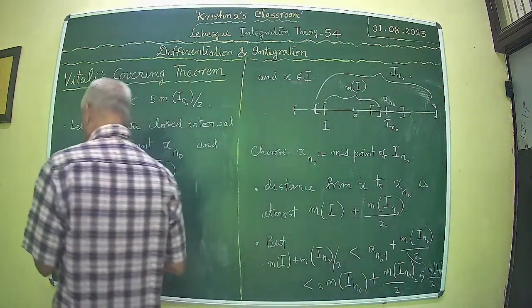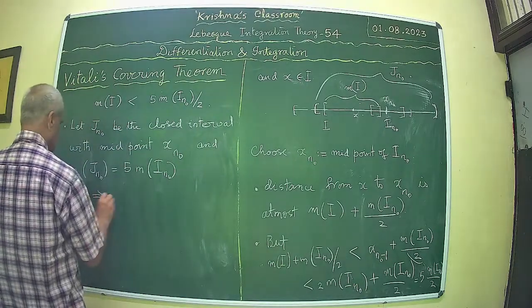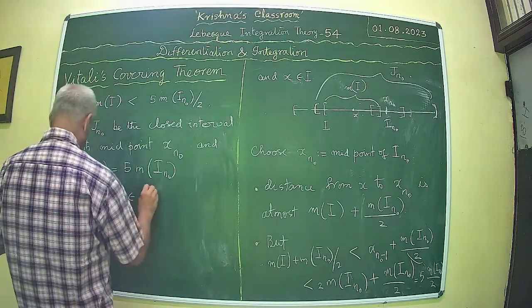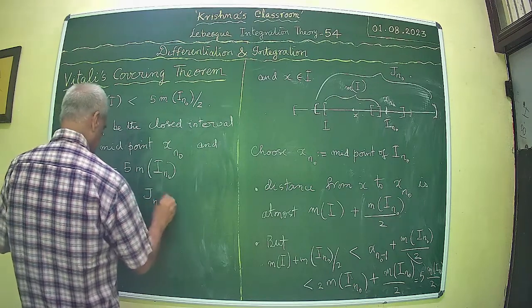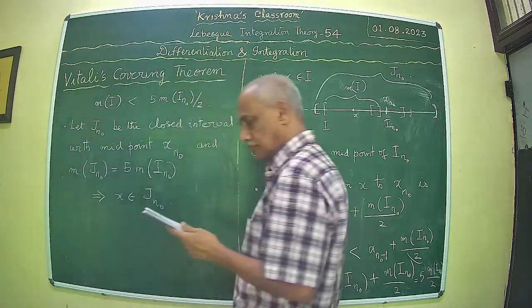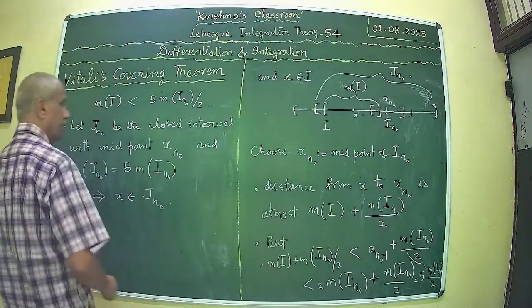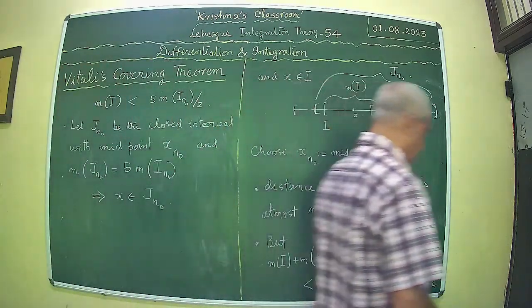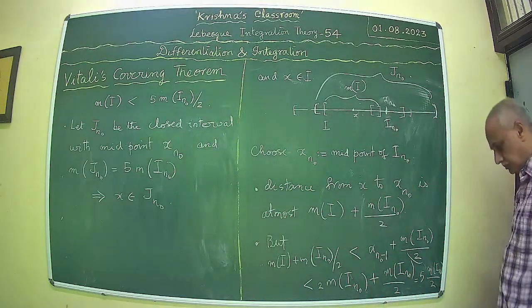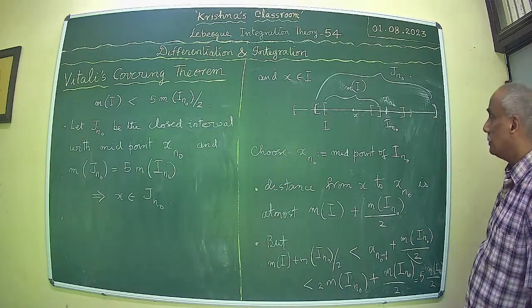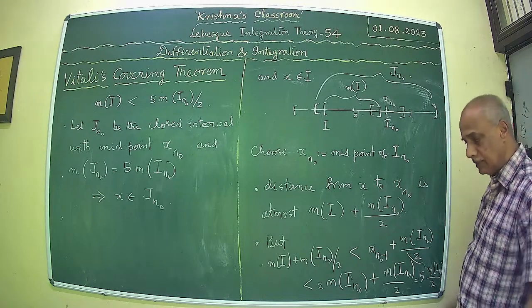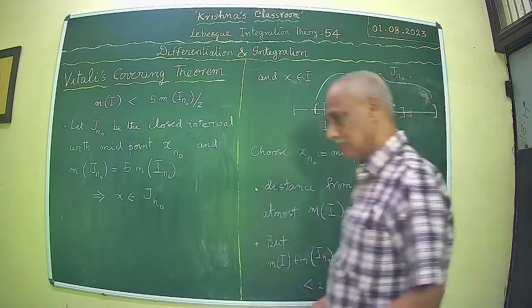So you have now looked at the status of x which is not in this collection.